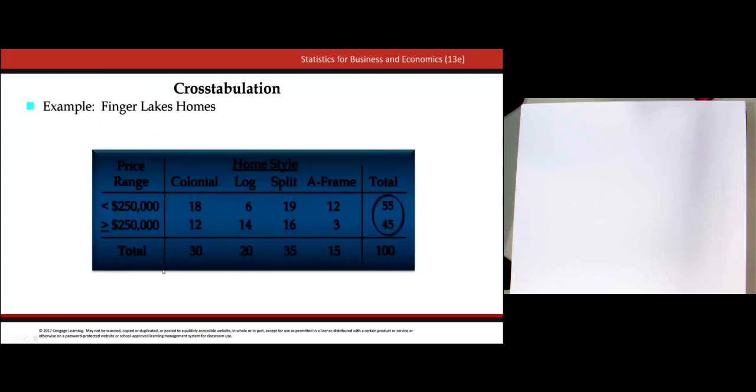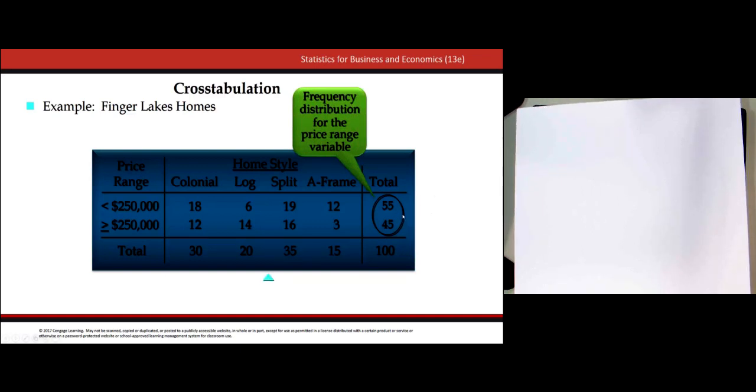And in the cross-tabulation, this is the frequency distribution. So the row and column totals are the frequency distributions. This is the frequency distribution for the price range variable. So we have 55 homes less than $250,000 and 45 homes larger than or equal to $250,000.